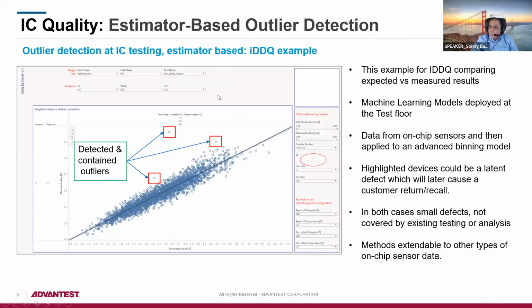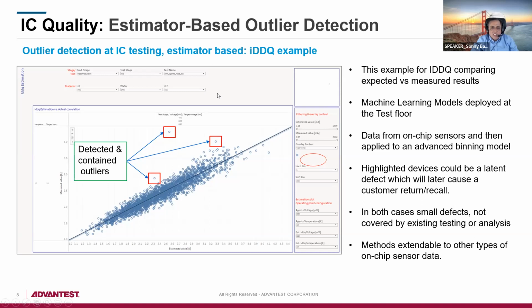Another example, I think this is actually a unique approach by a partner we have in Israel called Proteantecs. They have implemented technology where they put on-chip sensors throughout the die. These on-chip sensors collect data throughout the life of the die, from the time it starts out in the wafer fab to the time it's even sitting as a part inside a car, inside a Tesla, or any other vehicle. It's continuously collecting data.